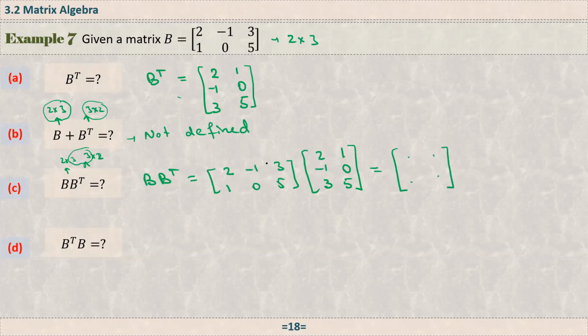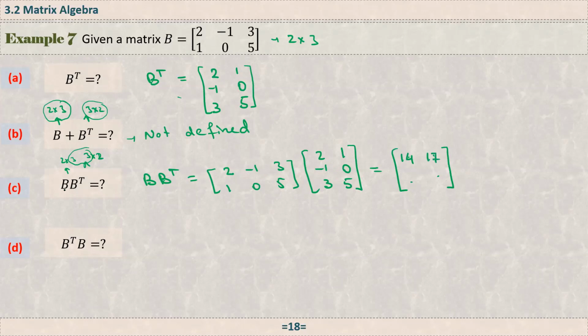If you multiply the first row by the first column, 2 times 2 is 4, -1 times -1 is 1, 3 times 3 is 9. 9 plus 1 is 10, 10 plus 4, so here we have 14. And how about the second row: 2 times 1 is 2, -1 times 0 is 0, and 3 times 5 is 15. 15 plus 2 is 17.